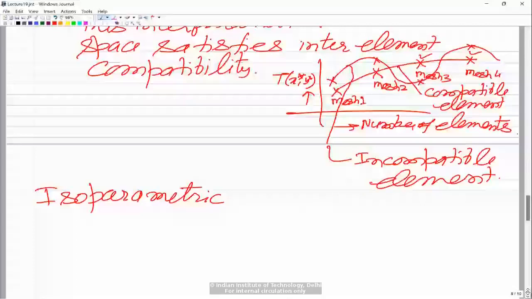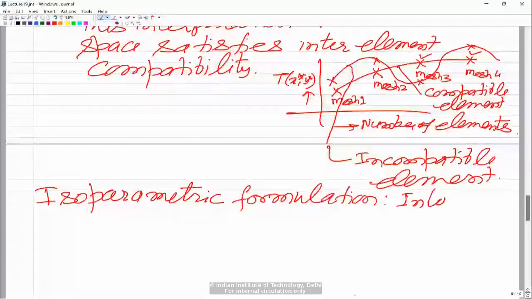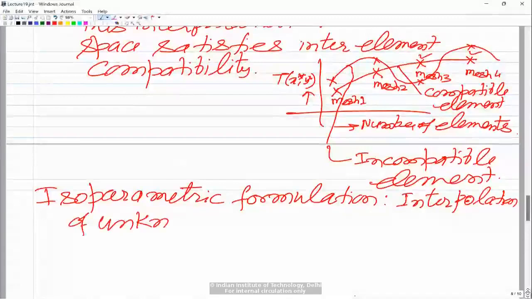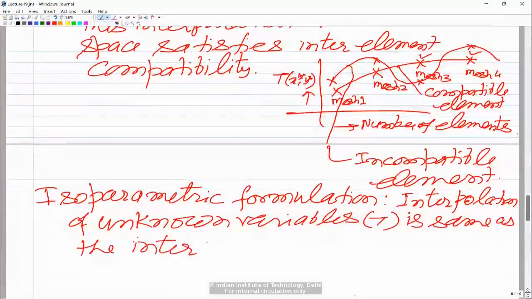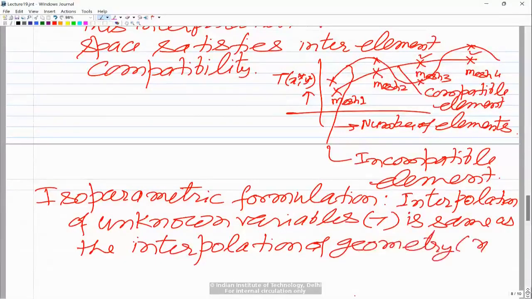So in isoparametric formulation, the interpolation of unknown variables, in this case temperature, is the same as the interpolation of geometry, that is xy coordinate in this case.